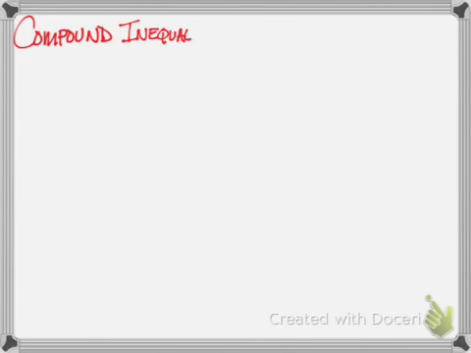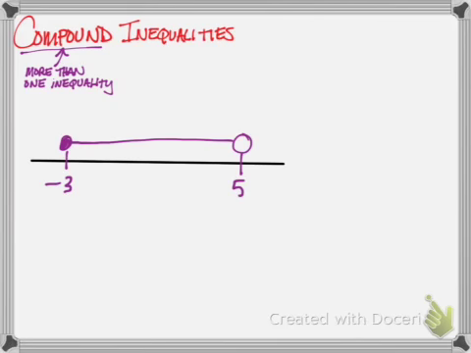Okay. It gets a little bit trickier when we're talking about compound inequalities. So again, a compound inequality is more than one inequality. If we are given a graph, we want to first off just read, what is this saying to us? Well, this is looking at the numbers that are greater than or equal to -3, but also less than 5.